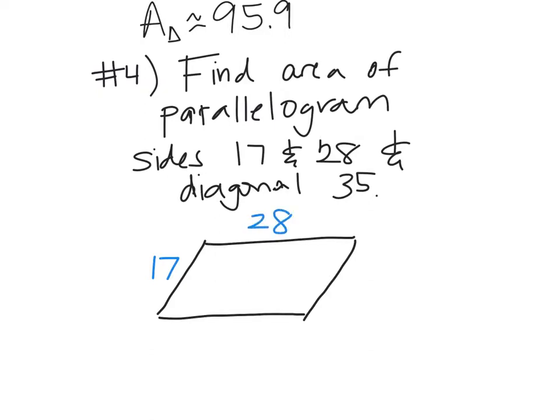All right, 17, 28. The diagonal, 35. So we know that in parallelograms, the parallel sides are exactly the same length. So this is also 17, and that's also 28. Oh, they tell you that. Oh, this way? It would be the same, right?